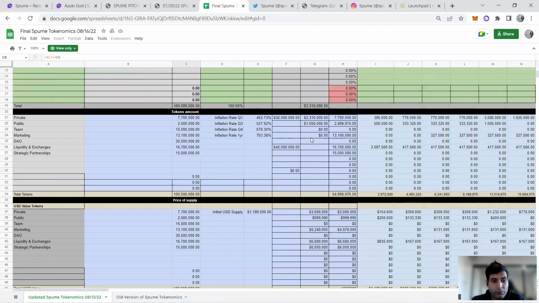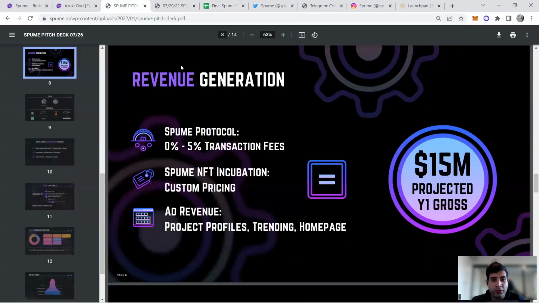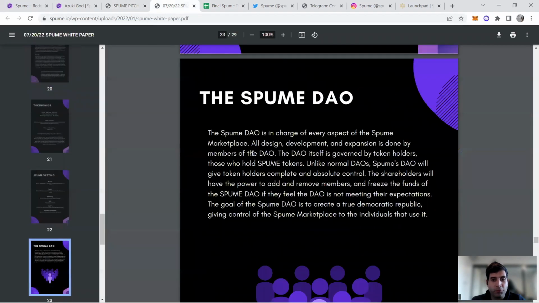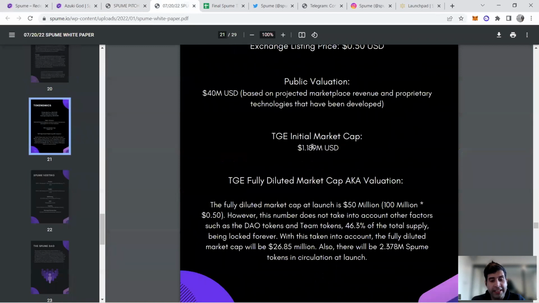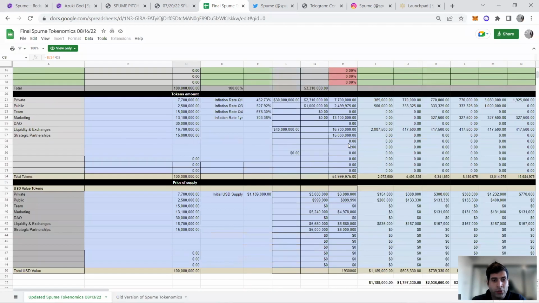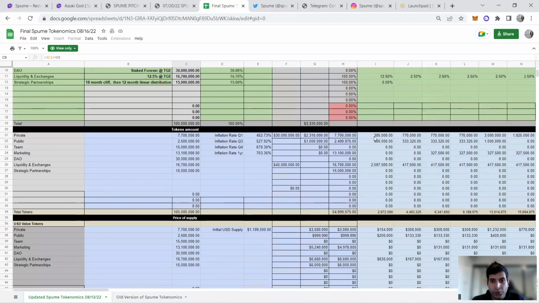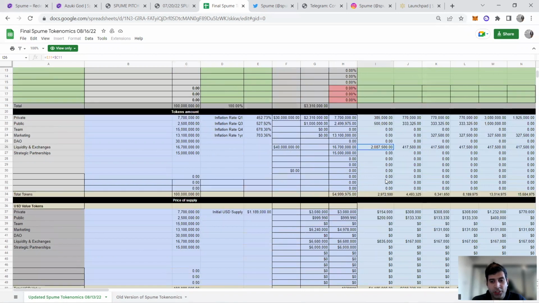Now, in terms of initial market cap, and it's also in the token white paper, it's 1.189 million US. It sounds very high, but it's actually pretty good because if you look at the tokenomics again, the only tokens that are going to be released on token generation event is going to be the 5% of private, 20% of public, and then the rest is going to be actually tokens from the liquidity and exchange.